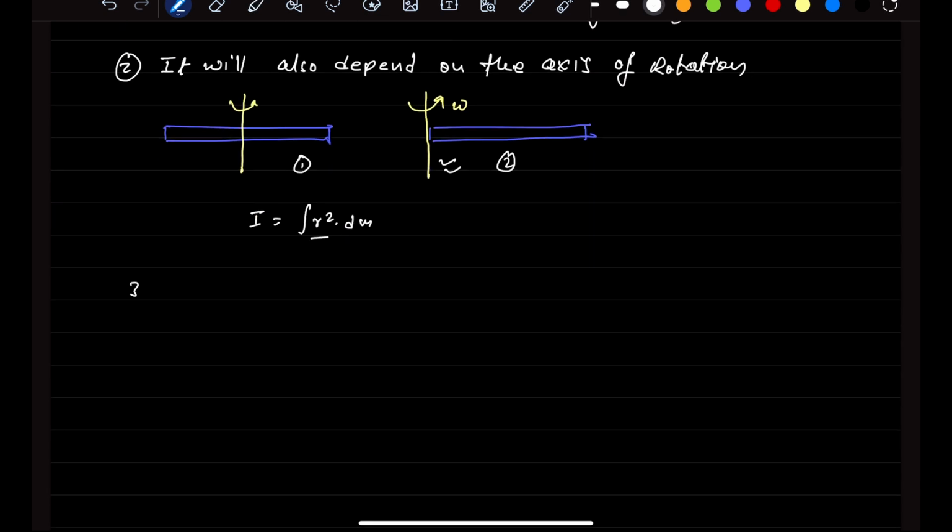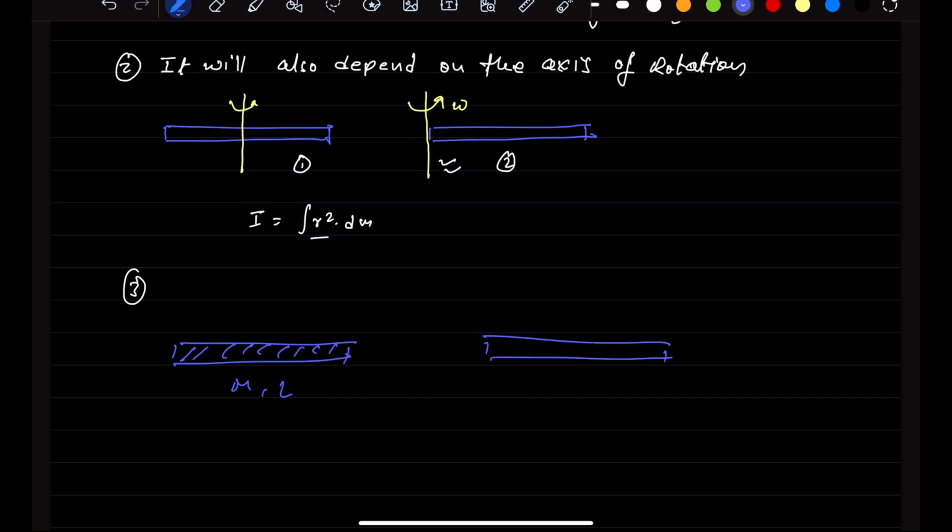Next, again I'm going to take one more example just to explain it. Let's take a rod of mass m, length l, and another rod of mass m but length 2l. Tell me where the moment of inertia will be maximum. The axis of rotation is in the middle, the same axis of rotation.